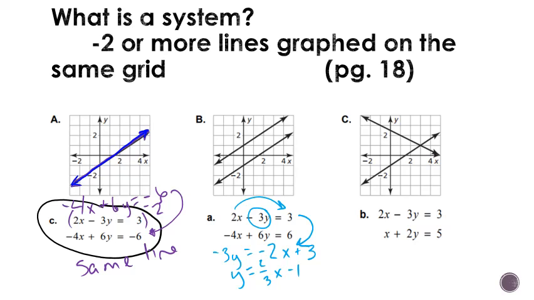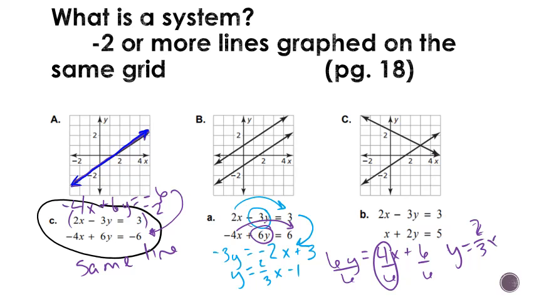Now when I do the same thing to this one, I'm going to keep the 6y and I'm going to move the 4x over to the other side so it becomes positive. And when I divide by 6, I have 4 over 6, which reduces to 2/3, and then plus 1.